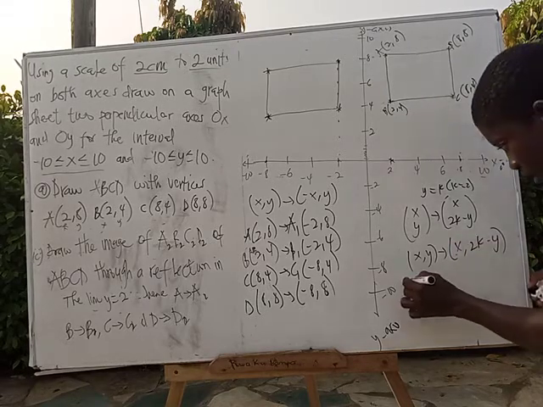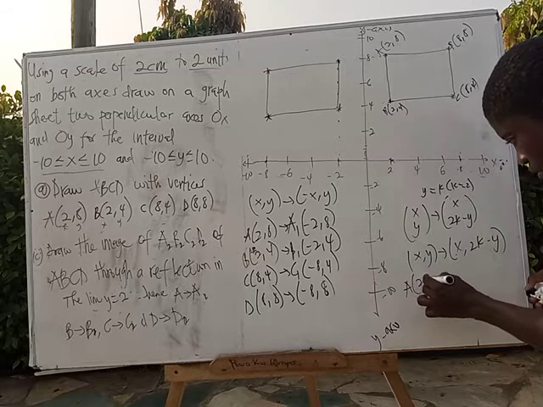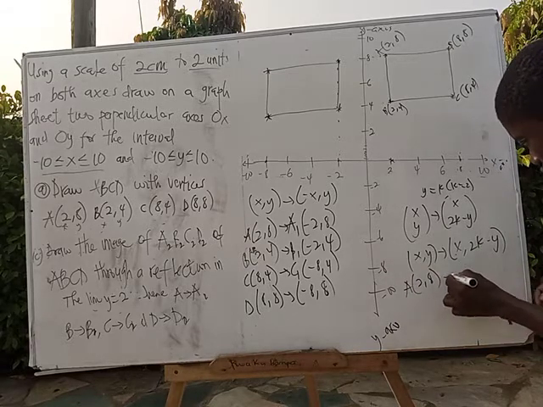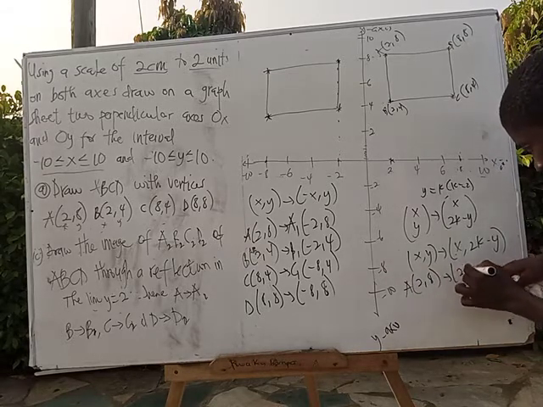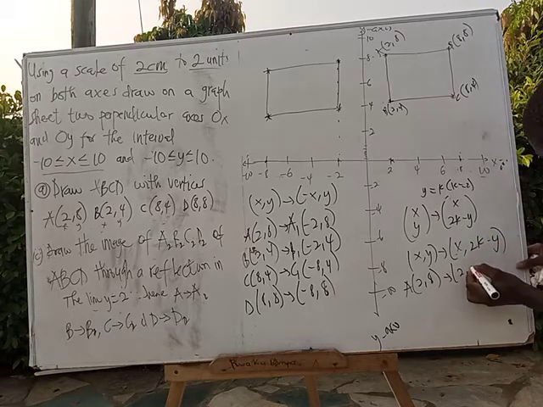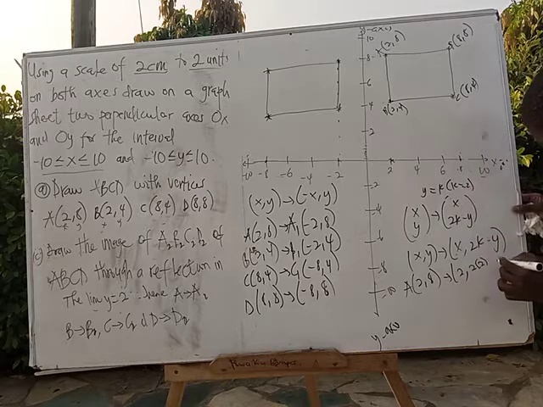So let's take our A. A is (2, 8). We maintain the 2 here, then instead of 2k, k is 2, so 2 times 2 is 4, minus the y, which is 8.